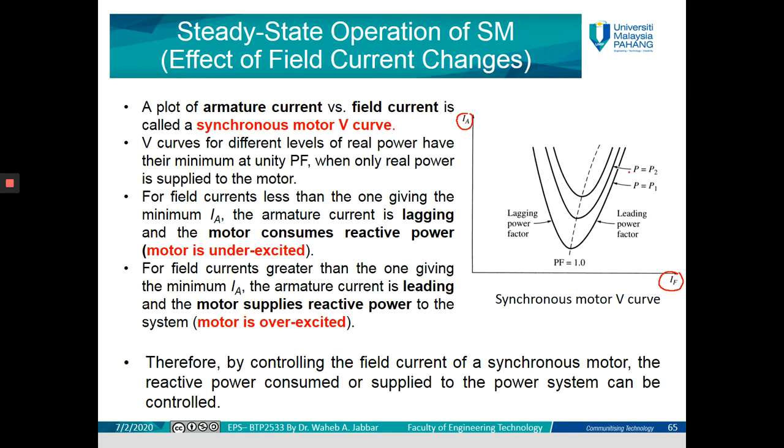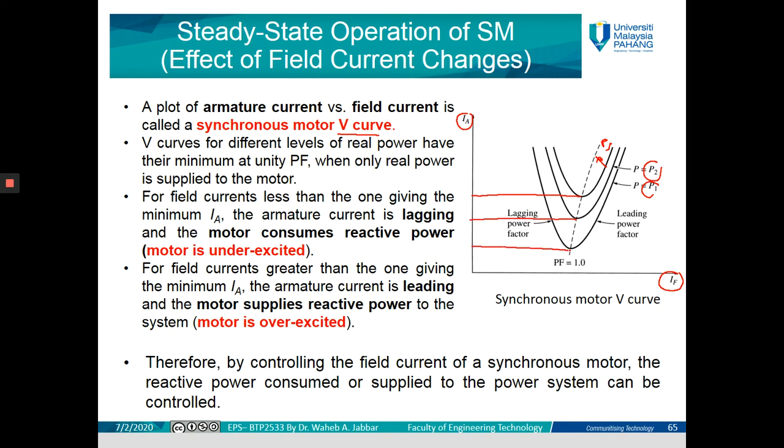As you can see here, we have three different loads, P1, P2, and P3, for example. Each one is represented by a curve like a V curve. The bottom of each curve, or the minimum value of the armature current, is at this point, that point, or this point.